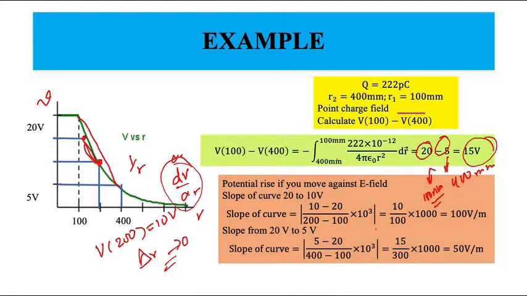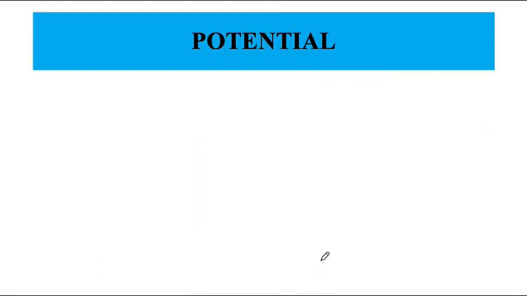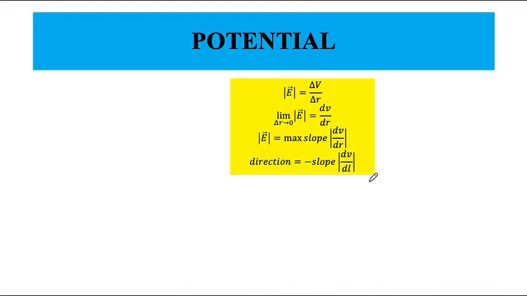Okay, so we have seen this already. Coming back to the point I was mentioning, the maximum value of slope will be the value of the electric field at a given point, and the direction of the electric field at that point will be opposite to the change of slope.